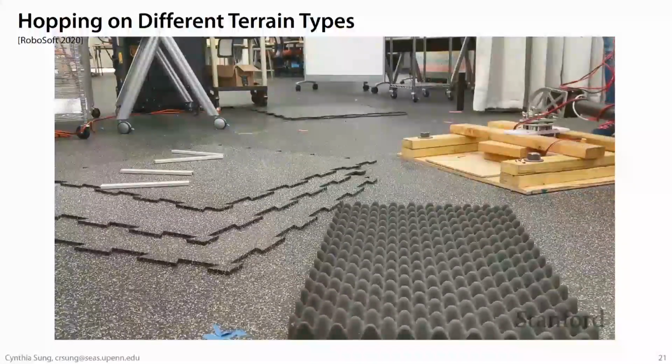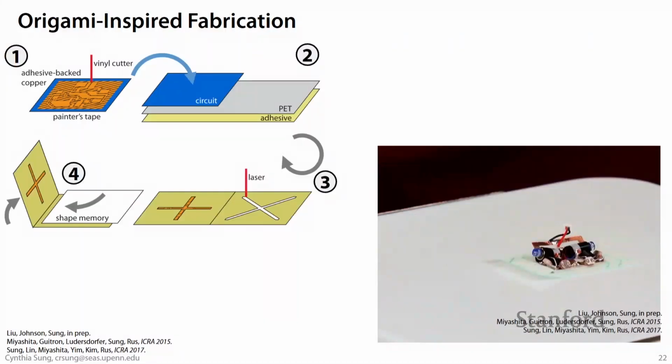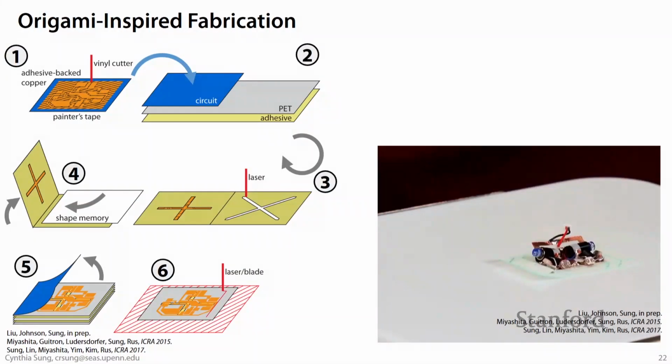And just as a side note, one of the places where my group is very interested in taking advantage of these structures is so that we can directly integrate all of the actuators and electronics. So we've developed these planar fabrication approaches that you can use to put your circuitry directly onto the structure. And hopefully we can get rid of that huge mass of motors and wires and everything that's on top.